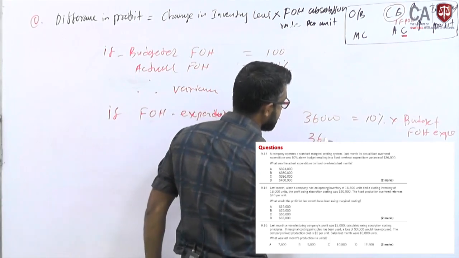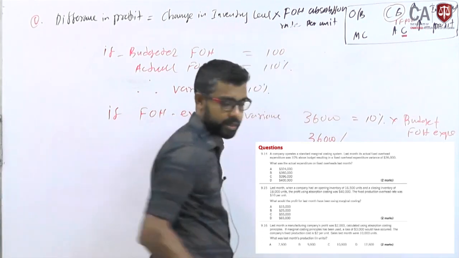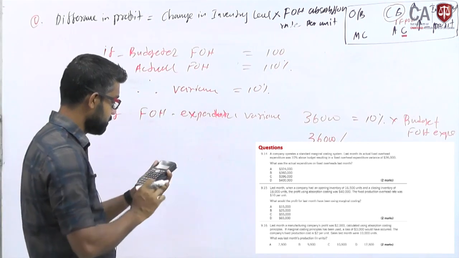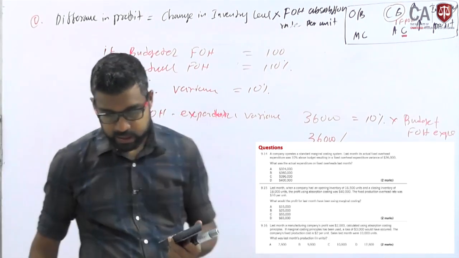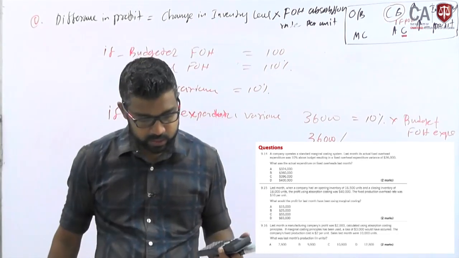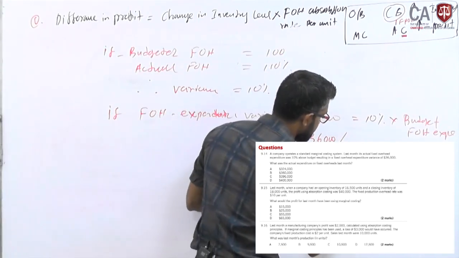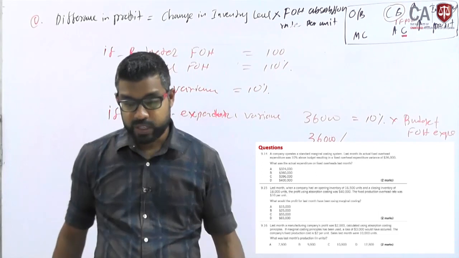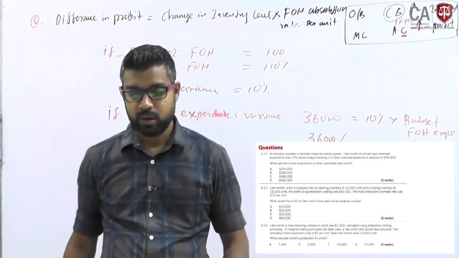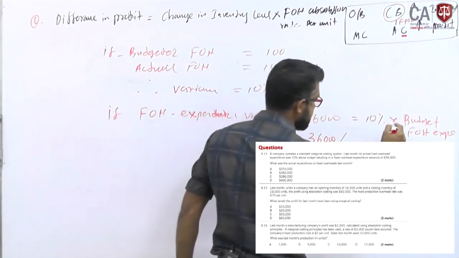Therefore, if you take 36,000 divided by 10%, it is 360,000. The question is, what is the actual expenditure on fixed overhead? So this is the equation.